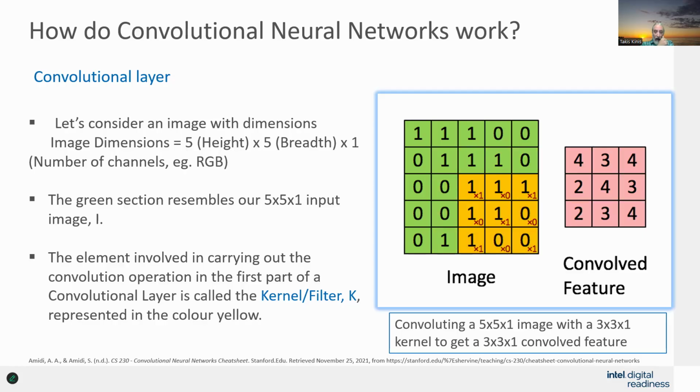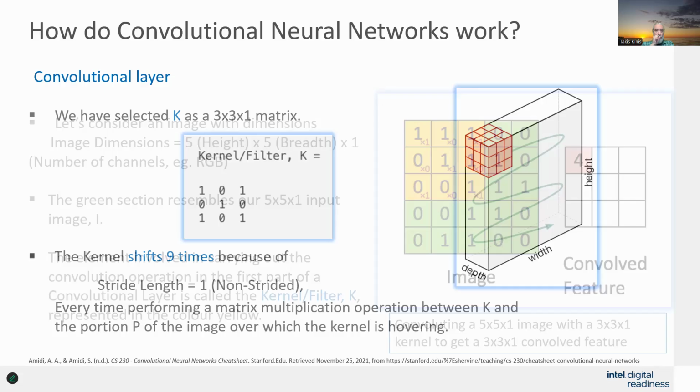And you notice the names that they're using for this stuff. It says the element involved in carrying out the convolutional operation in the first part is called the kernel or the filter, right? So interchangeable names, or K, represented in the yellow color. So there's multiplication and addition happening here in this matrix.